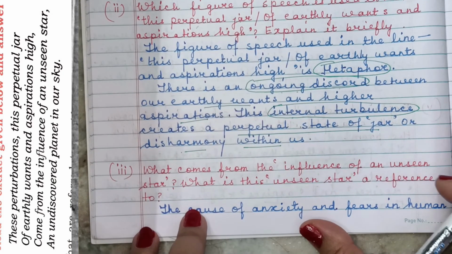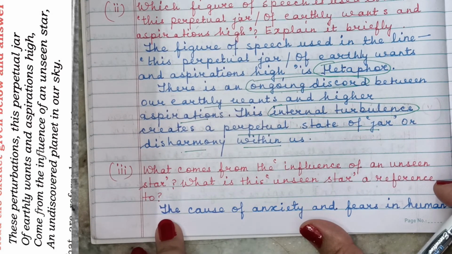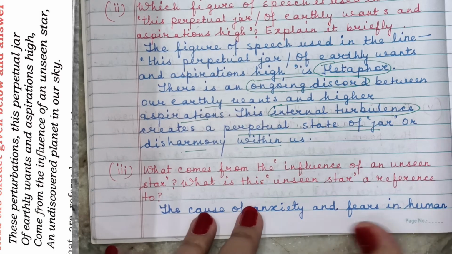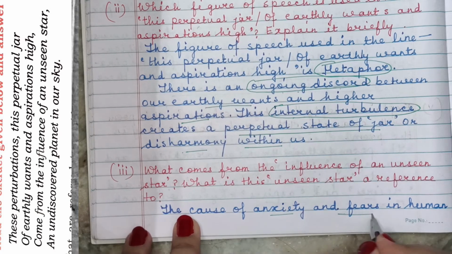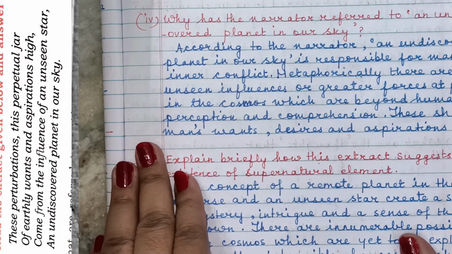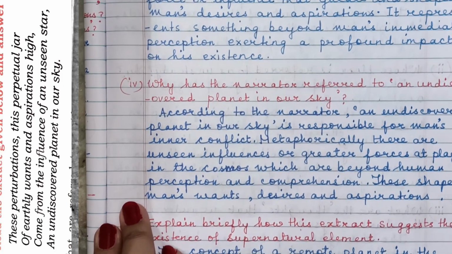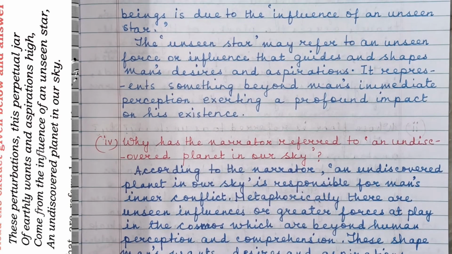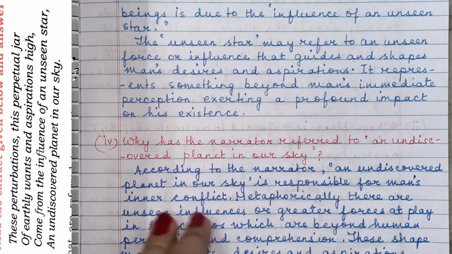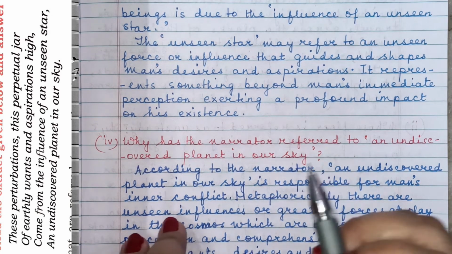What comes from the influence of an unseen star? The cause of anxiety and fears in human beings is due to the influence of an unseen star.